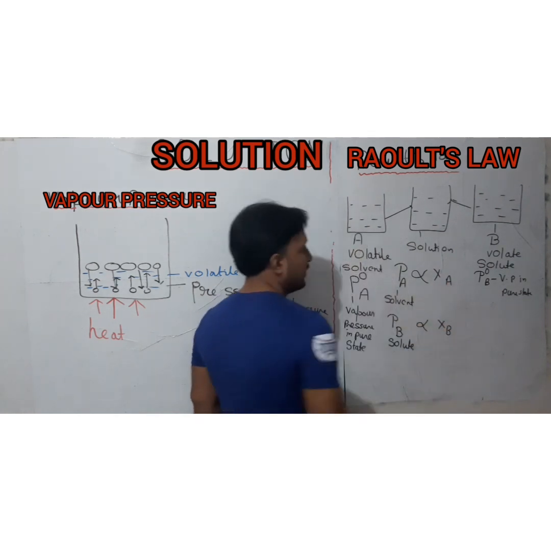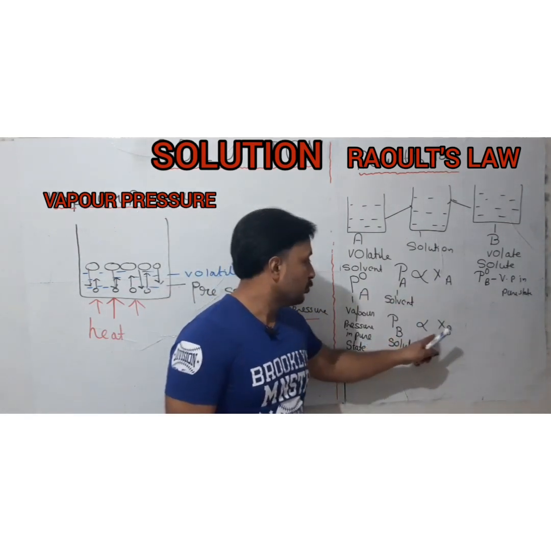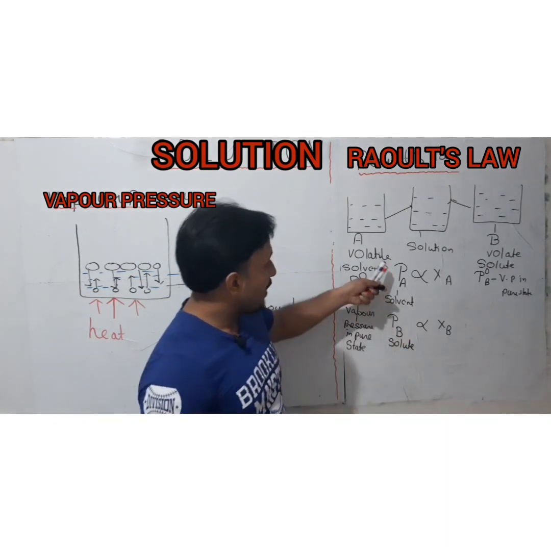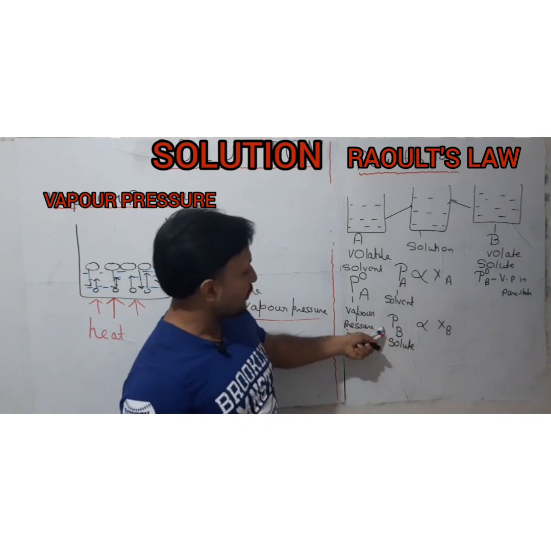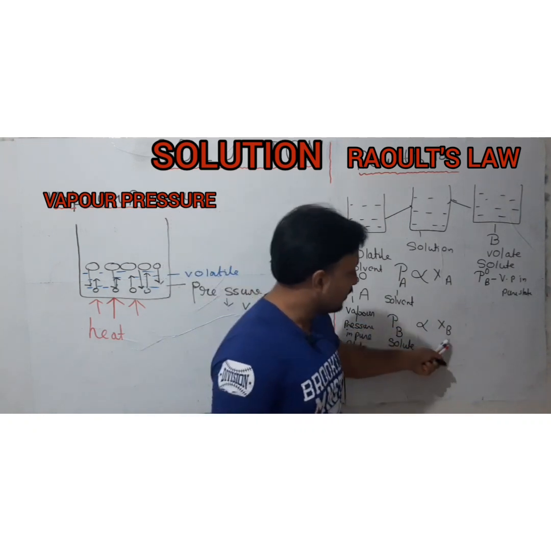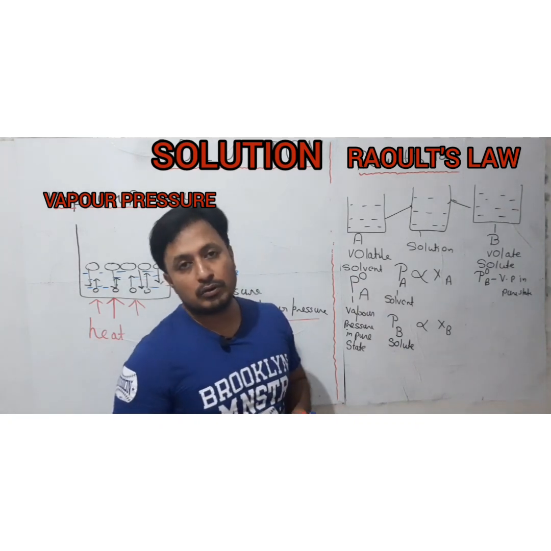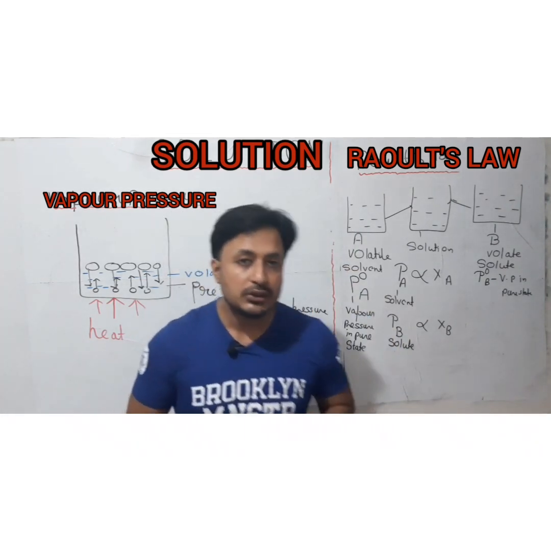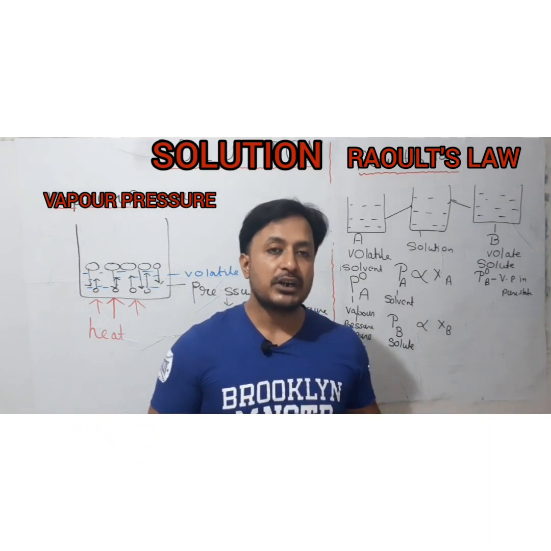That is, PA is proportional to XA and PB is proportional to XB. That is, vapor pressure of solvent is proportional to its mole fraction and vapor pressure of solute is proportional to its mole fraction. So that is Raoult's law. Raoult's law states that in case of a liquid-liquid solution, the vapor pressure of the component is directly proportional to its mole fraction.